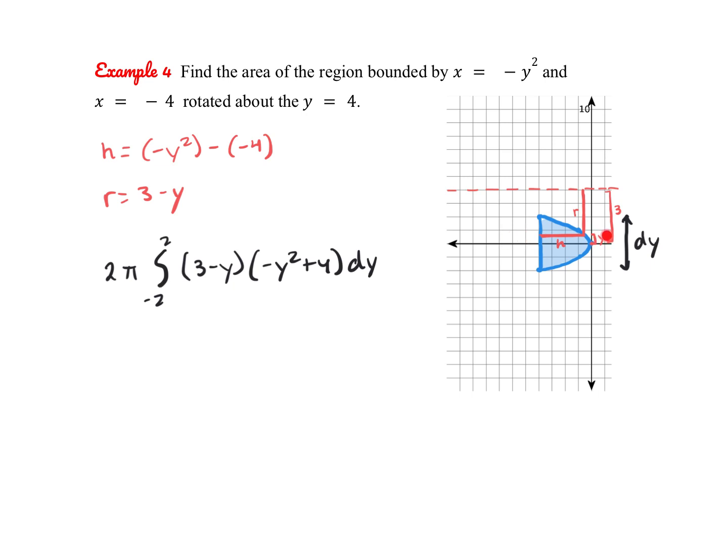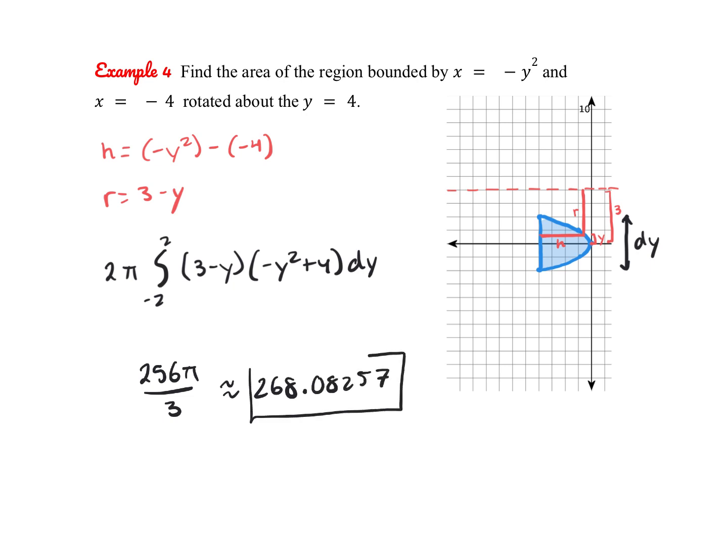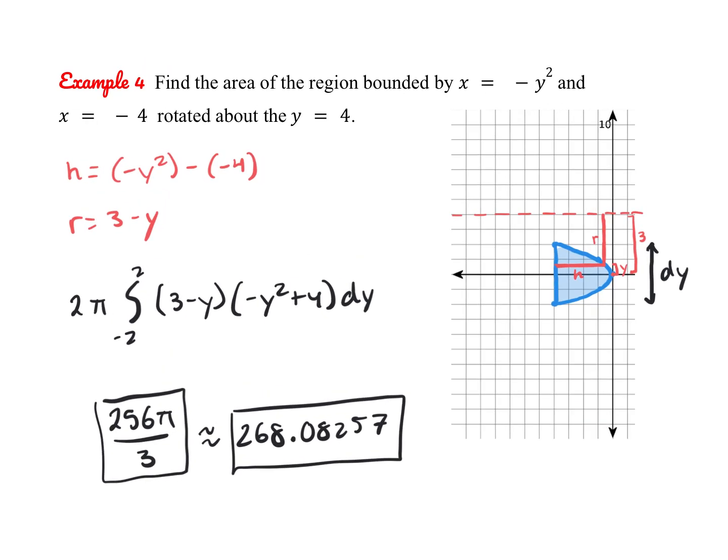If your axis of rotation is horizontal, that height cross section also must be horizontal. And then for this one, if you evaluate it all the way by hand, you would end up with 256 pi over 3, or you can plug it in your calculator to get a decimal approximation. But again, from there, the rest is just evaluating our definite integral, which I know you guys know how to do from last chapter.